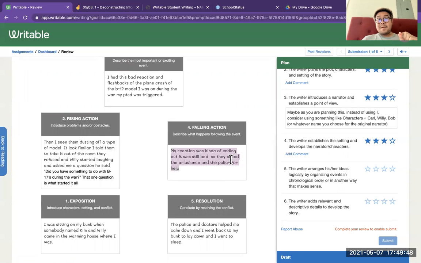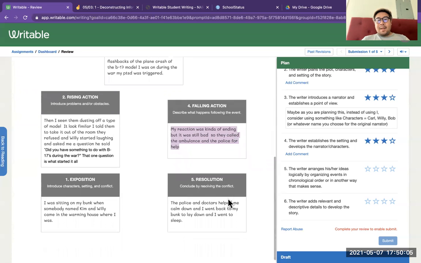The original narrator wondered if they should call the police, but the narrator never says that they do or do not. And the police and doctors never show up.